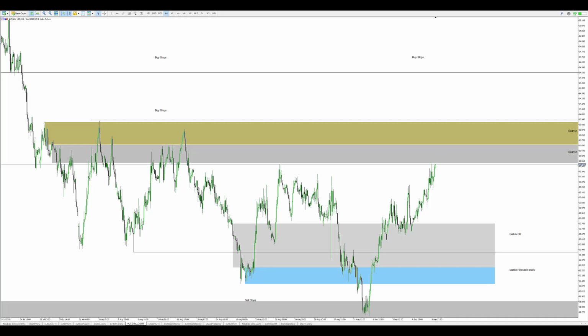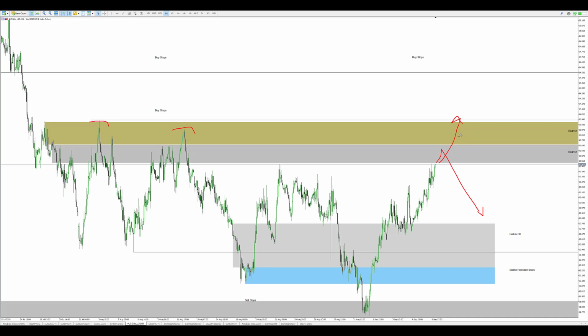So we could see a bit of resistance there. We could see sellers coming back into the market and then push the dollar a bit further to the downside, or we could see a proper clearing of these equal highs, and then market is going to push all the way to the upside.